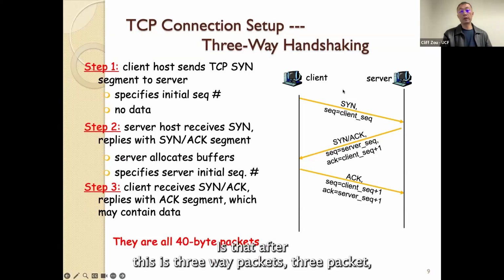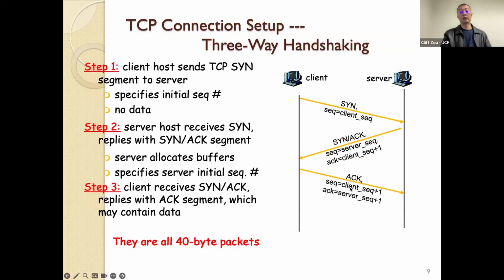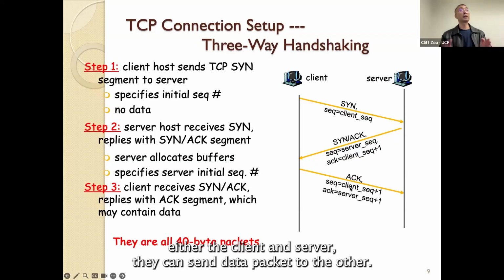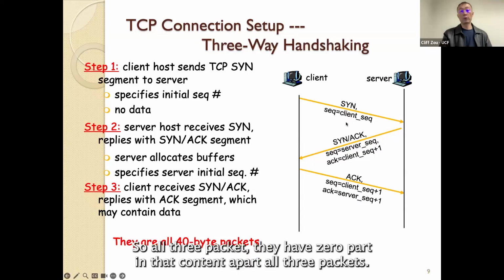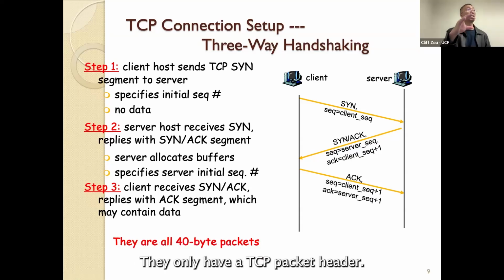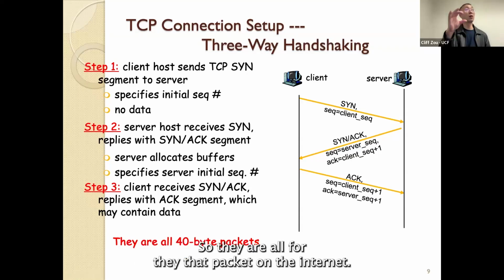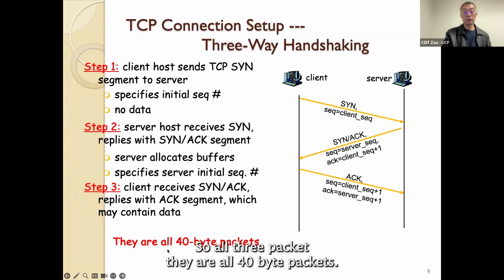Then after these three packets, either the client or server can send data packets to the other end. All 3 packets have 0 bytes in the content part. They only have the TCP packet header, so they are all 40-byte packets on the internet.